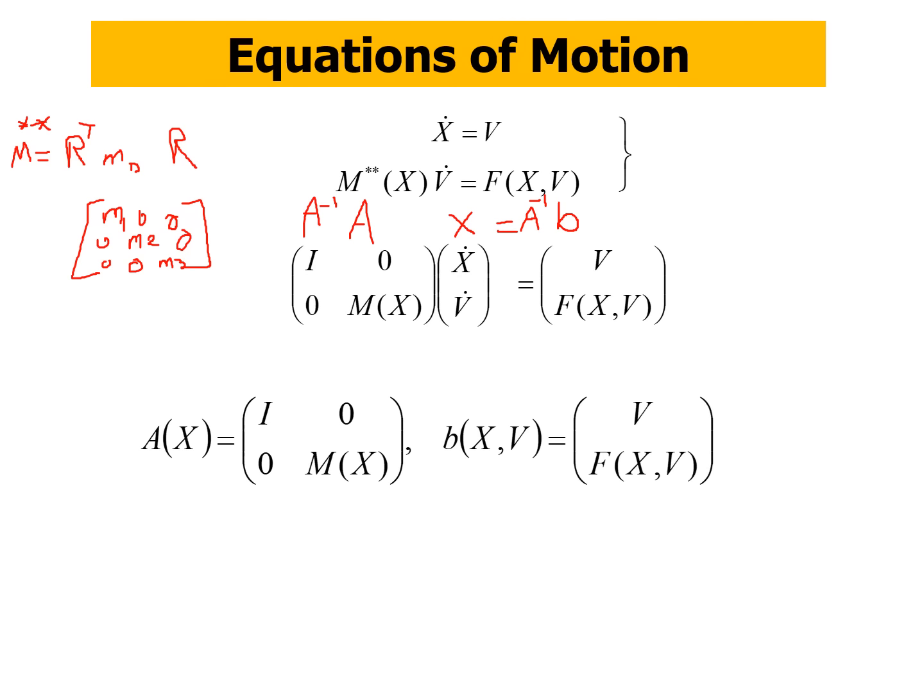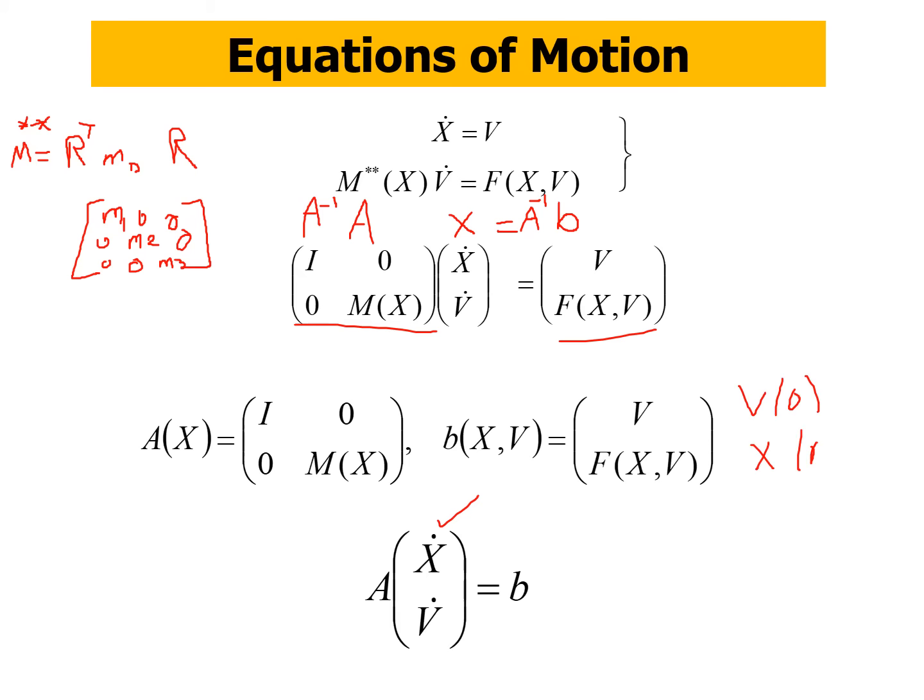Now, A X equals B: that's A, that's B, and that's the unknown X, the thing we would like to solve for all the time. Now, B has velocity, and F is a function of position and velocity, and V is V. So if I gave you V at time 0 and X at time 0, I will be able to find all the values of B, correct?